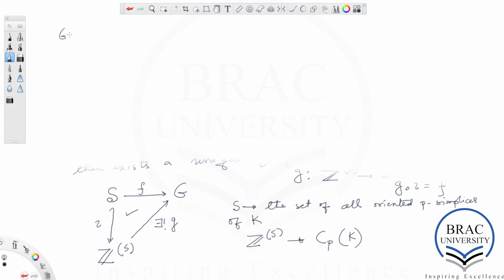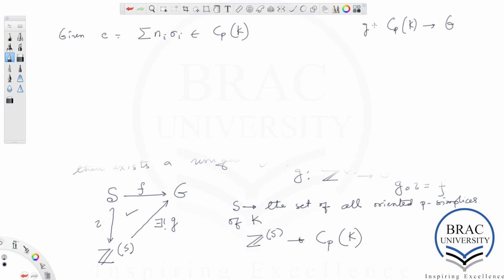To describe it a little more, given c equal to a finite sum of n_i sigma_i belonging to C_p of K, meaning that it's an oriented p-chain on K, how can we define this unique group homomorphism from C_p of K to the arbitrary abelian group G?